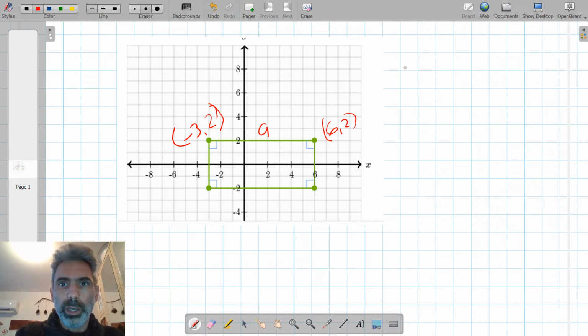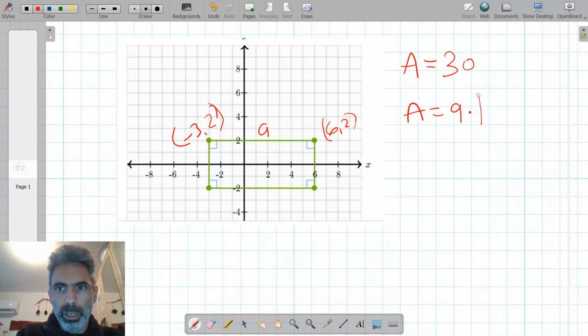And we know that the area of the rectangle is 30 units. And the area is the length times the height. So it's 9 times the height, which is unknown.